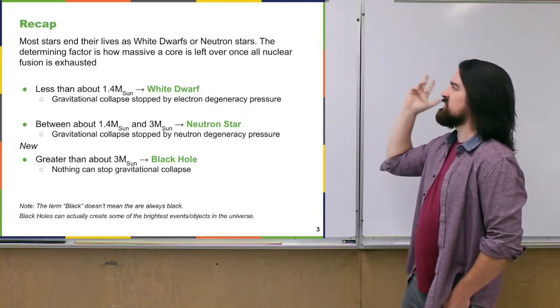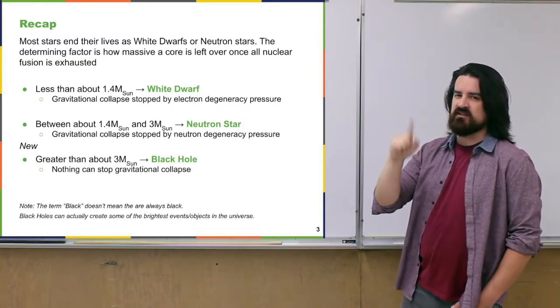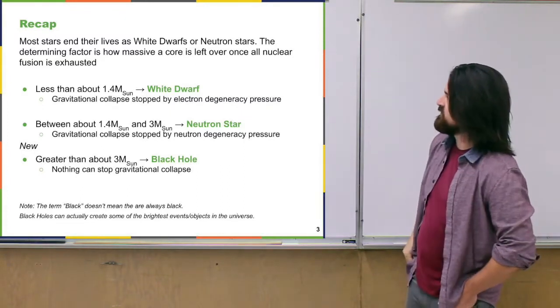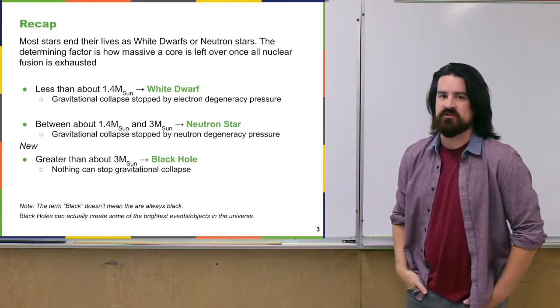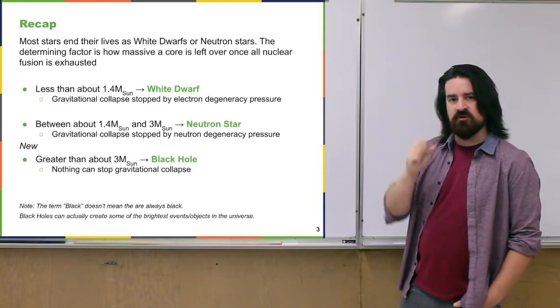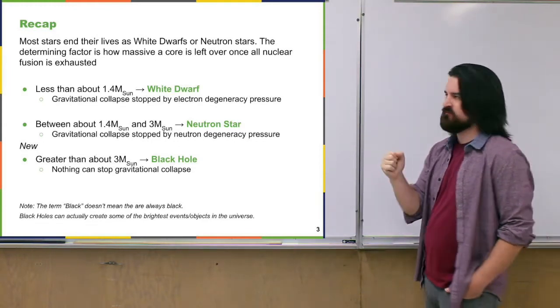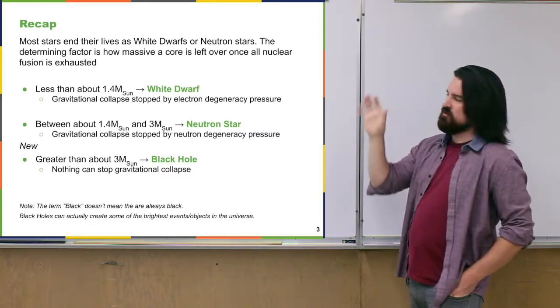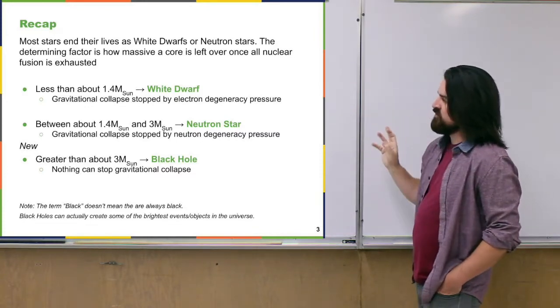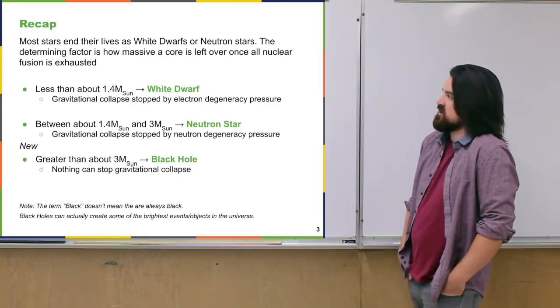So if you were greater than 8 times the mass of our sun, but less than about 10 times the mass of our sun, a star would end up as a neutron star. And these objects, white dwarfs and neutron stars, are the cores left after the star has ended its fusion lifetime. It can't fuse anything else, so it either pushes off its outer layers or blows them off, depending on the size of it overall.